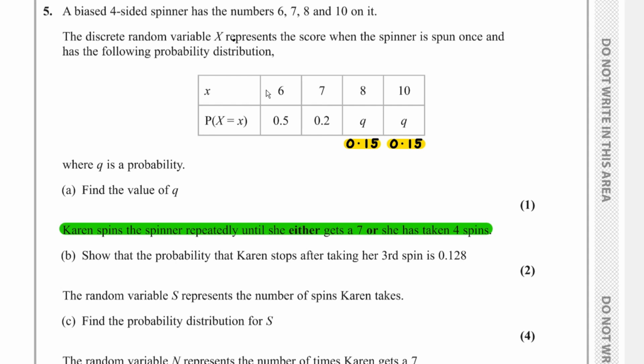So there's 9 different possibilities which we could have. And each of those possible outcomes are all independent of each other.